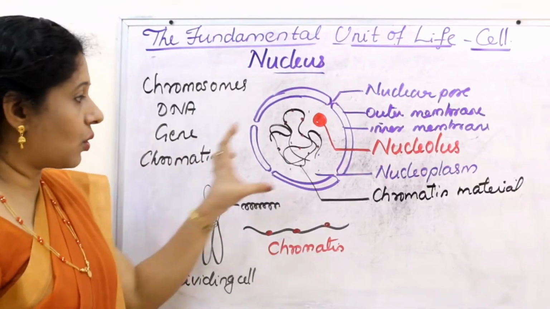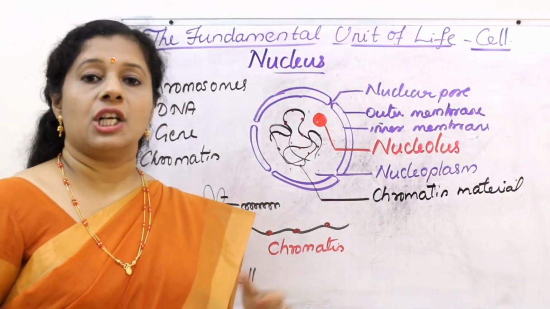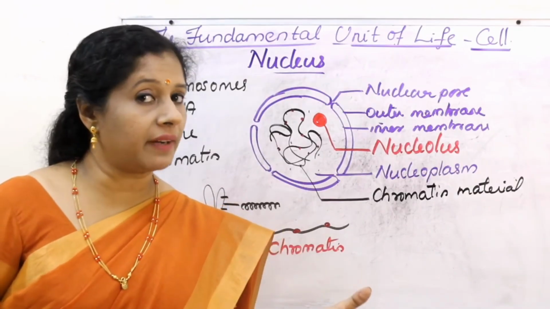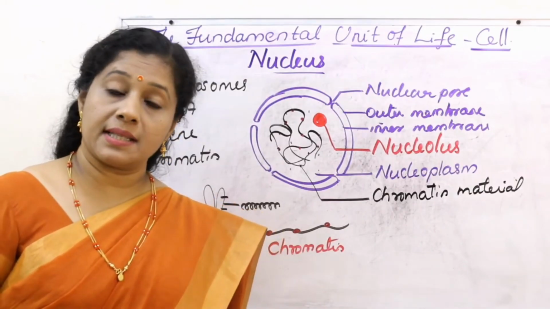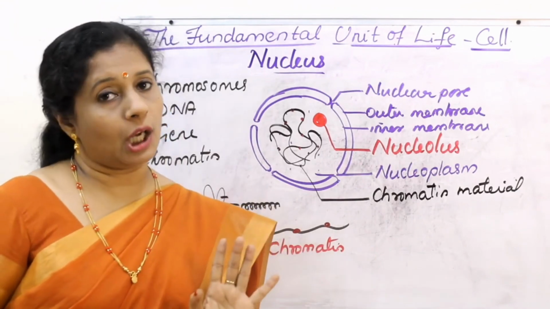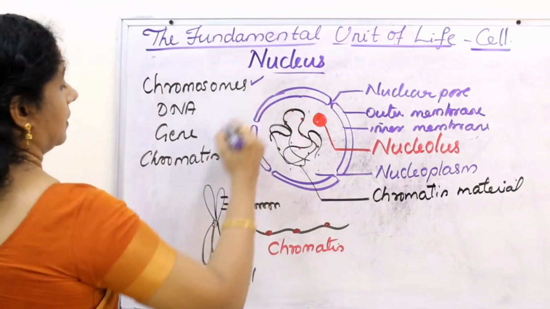Is that clear? So chromatin material is becoming chromosome at the time of division. At the time of division, if you look at the nucleus, you will see only chromosomes, you cannot find chromatin. Otherwise, if you are seeing a normal cell without dividing, you will see only chromatin, you will not be able to see chromosomes. Okay. Now, these two are clear.